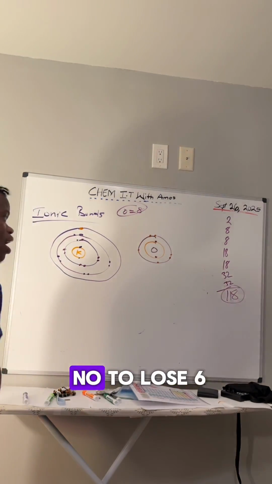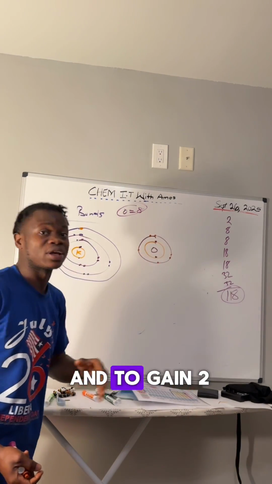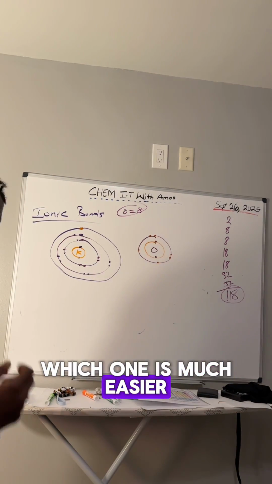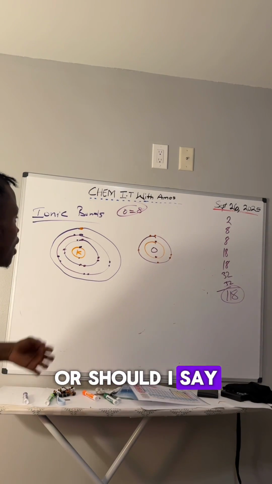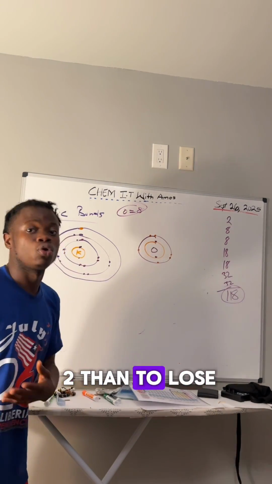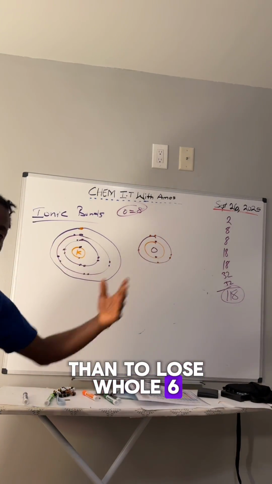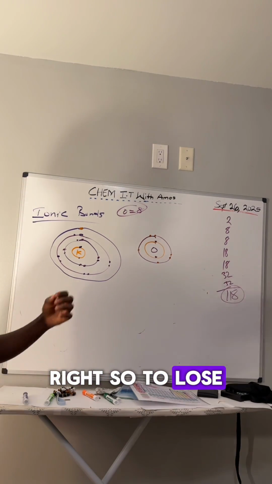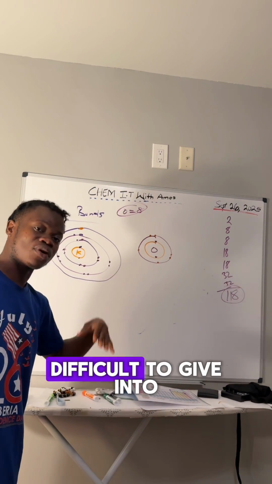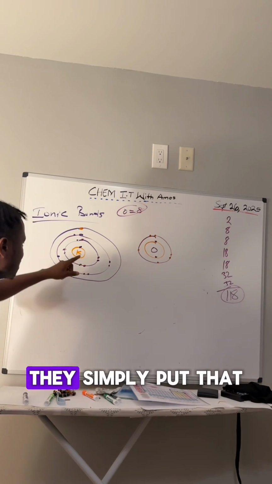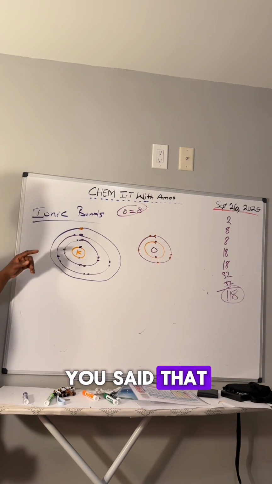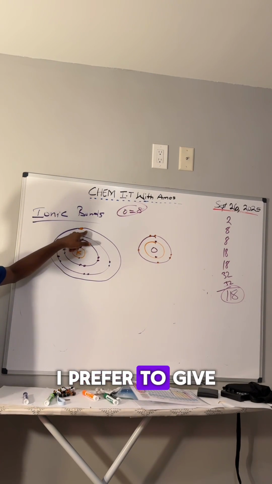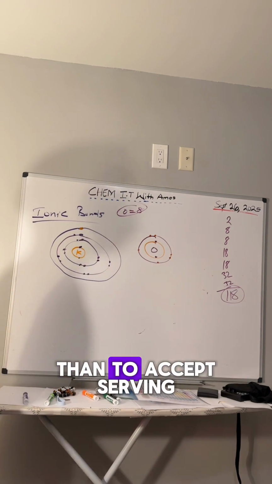Oxygen said no. To lose 6 or to gain 2, which one is much easier? Oxygen says, I prefer to gain 2 than to lose the whole 6. So to lose 6 is difficult, to gain 2 is easier. The same thing with potassium. Potassium says that I prefer to give away this 1 here than to accept 7.